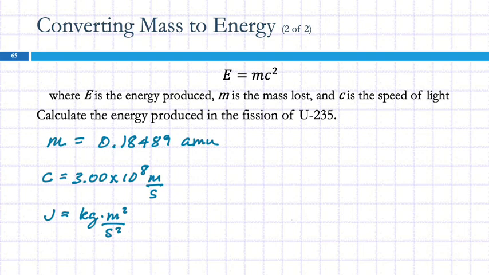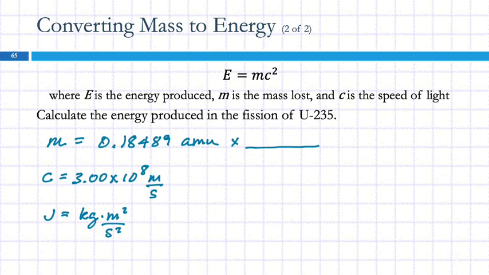So we need to convert atomic mass units into kilograms. Any ideas? Moles would be involved, yeah. We could do it with Avogadro's number, or we could do it with the definition of atomic mass unit, which is 1/12 the mass of a carbon-12 atom.